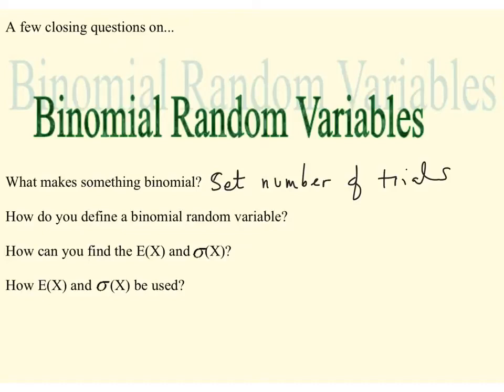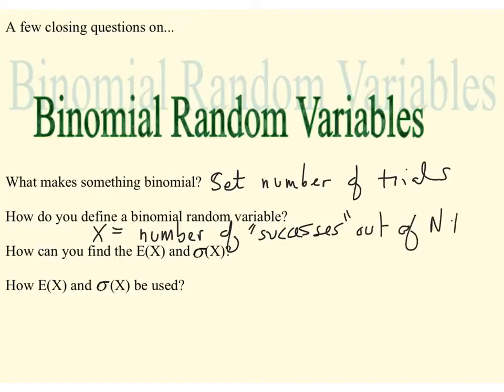So how do you define a binomial random variable? Well, we start by saying x is the number of successes, because you'd put it in context, number of heads out of 10 flips or number of whatever, number of successes out of n trials.